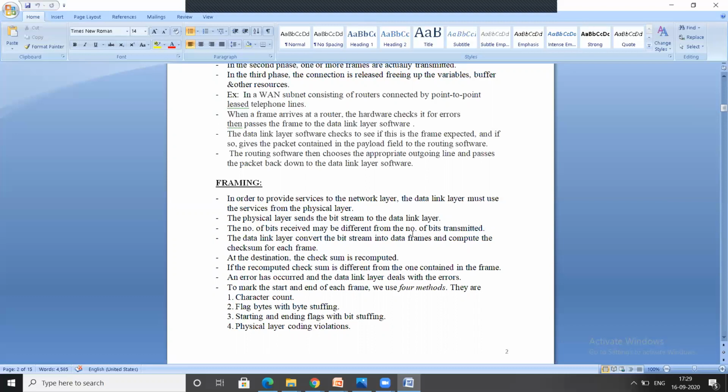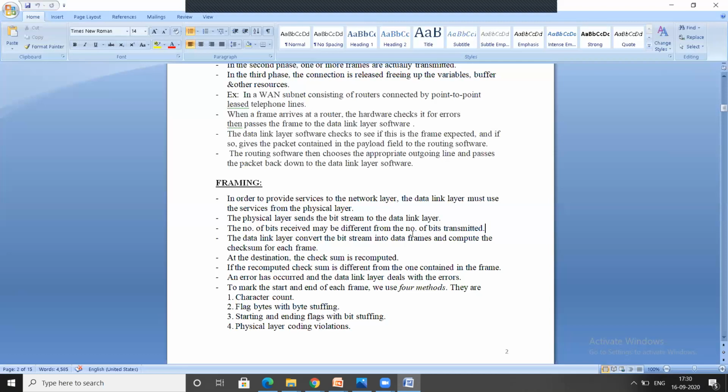You need to understand my point, what I told in the previous class. Every lower layer will provide services to the layer above. Like that, the data link layer will provide services to the network layer, so it will receive services from its lower layer, that is the physical layer.